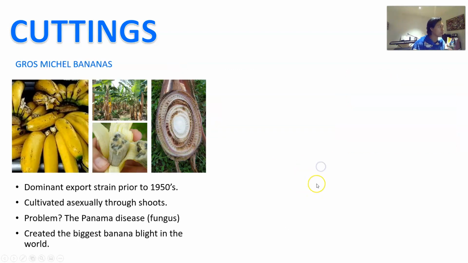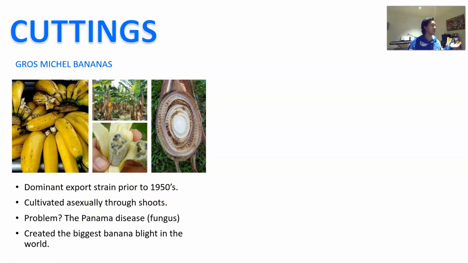Okay. Now, what's the downside? Well, let me introduce you to the problem with cuttings, right? This is the Gros Michel, I think that's how you pronounce it, the Gros Michel bananas. Now, this was the dominant export strain prior to the 1950s, and they were cultivated asexually through the shoots that I mentioned earlier.